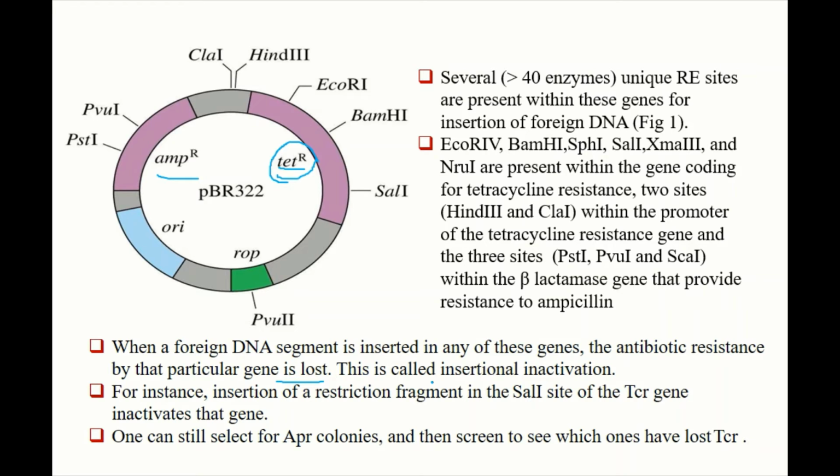For example, insertion of a restriction fragment in the SalI site of the TcR gene, SalI here, will inactivate this tetracycline gene. One can still select for the ampicillin colonies and then screen to see the ones that have lost the tetracycline resistance.